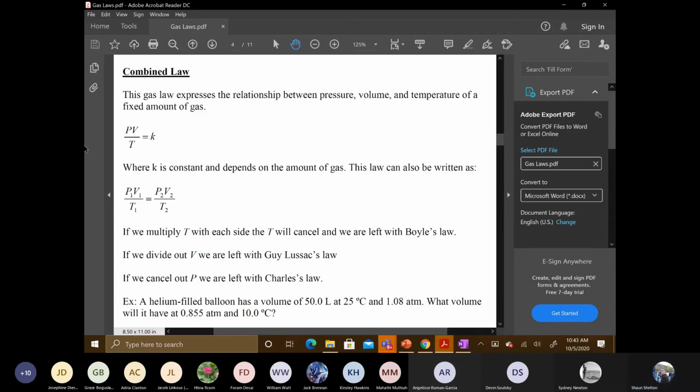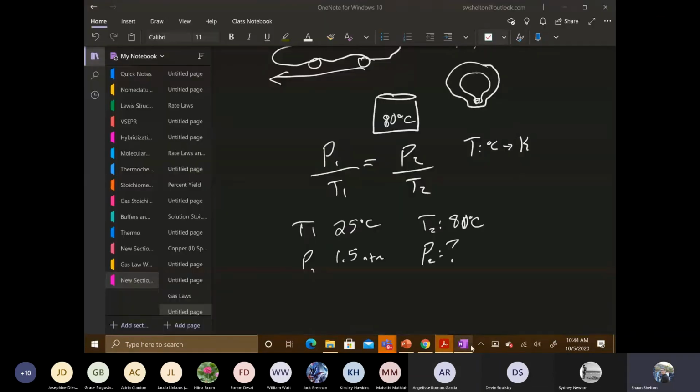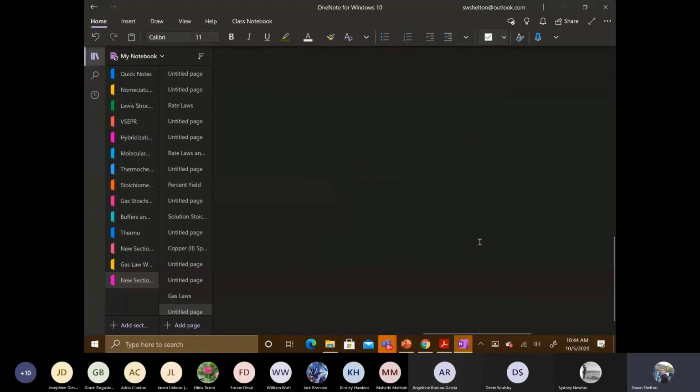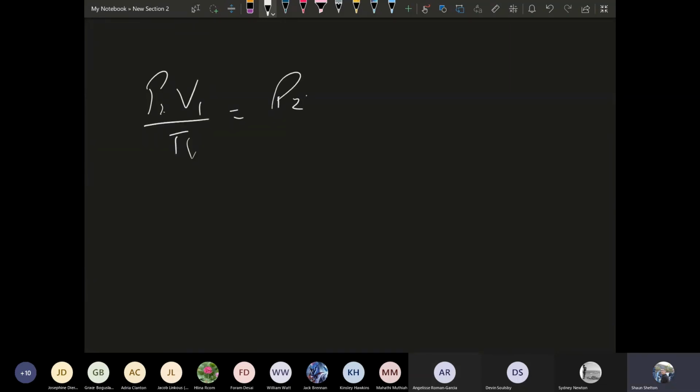So write down this equation, P1V1 divided by T1 is equal to P2V2 divided by T2. All right. So again, P1V1 divided by T1 is equal to P2V2 divided by T2.